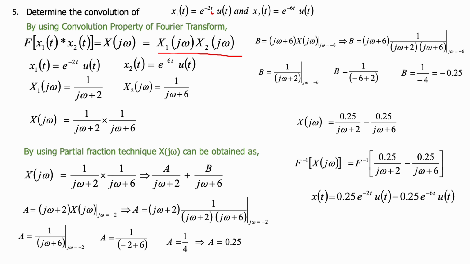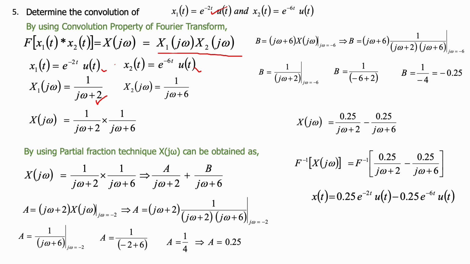For the first signal, calculate the Fourier transform. You know that it is 1 divided by j omega plus 2. The Laplace transform for this is 1 divided by s plus 2, and as I told you, s can be replaced by j omega, so you will get this.